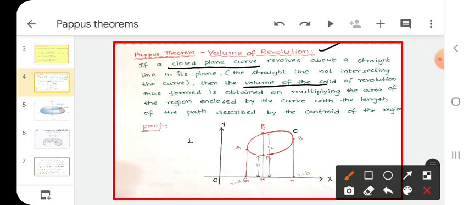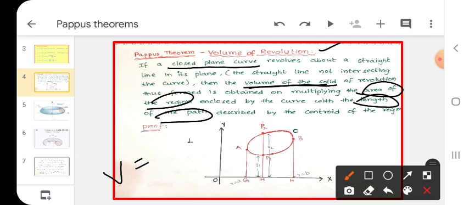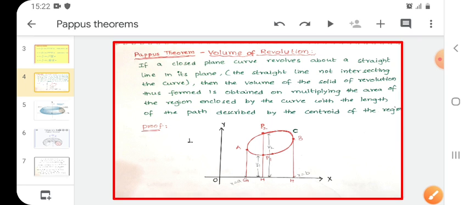That solid shape has volume, surface and length also. Here we have to show the volume of that solid is equal to the area of that region into the length of the path. Okay, this is the Pappus theorem on volume of revolution.